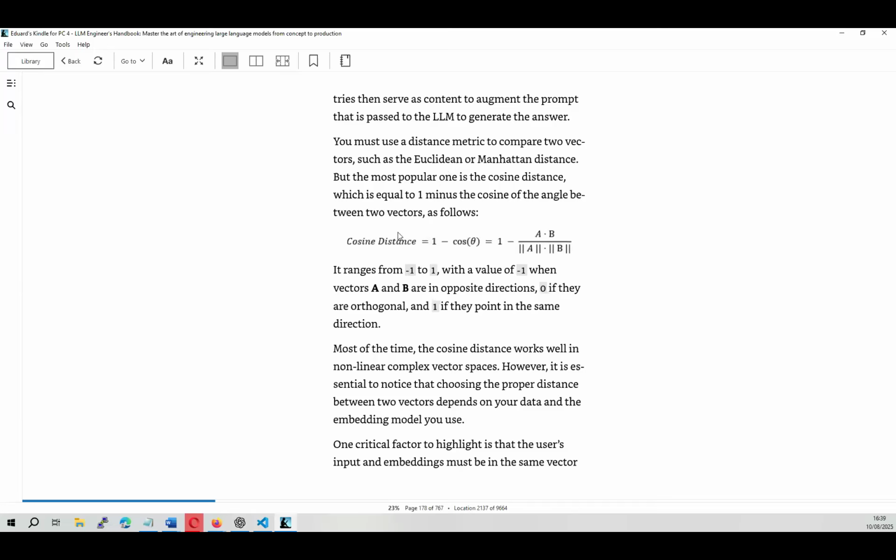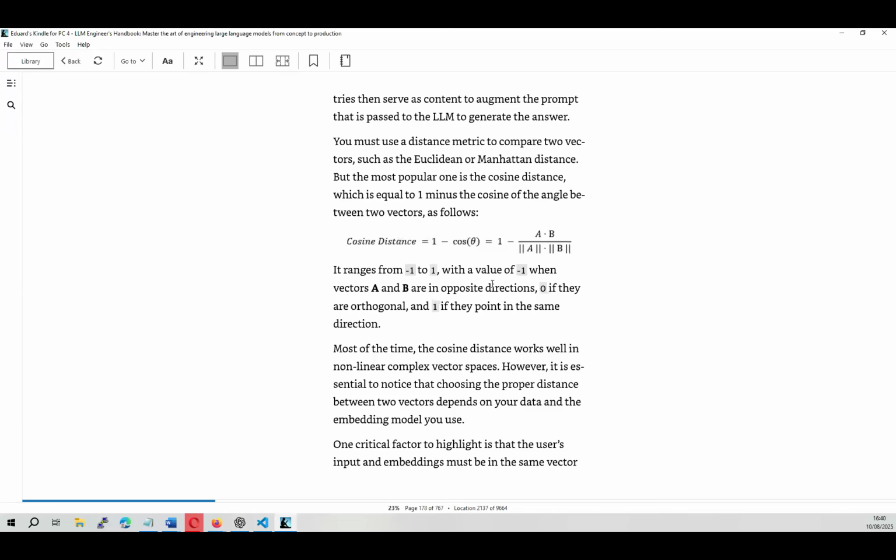The user query is turned into a vector using this numerical representation, the embedding, and this vector is compared with all the other vectors within the database. Whichever chunks or vectors have the biggest cosine value with the user query, that means their meaning is very, very close.